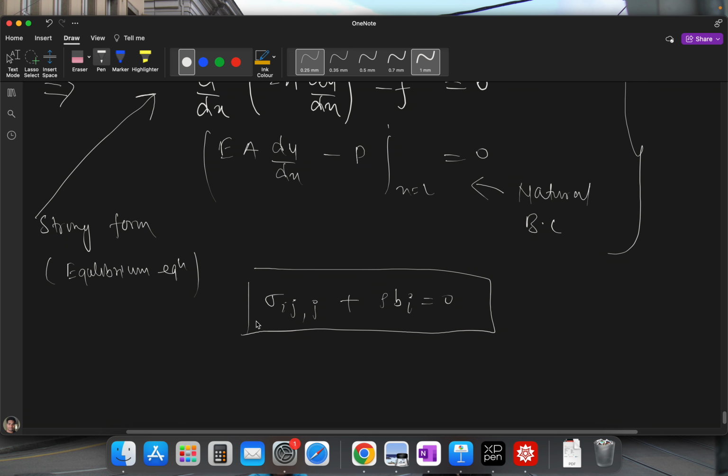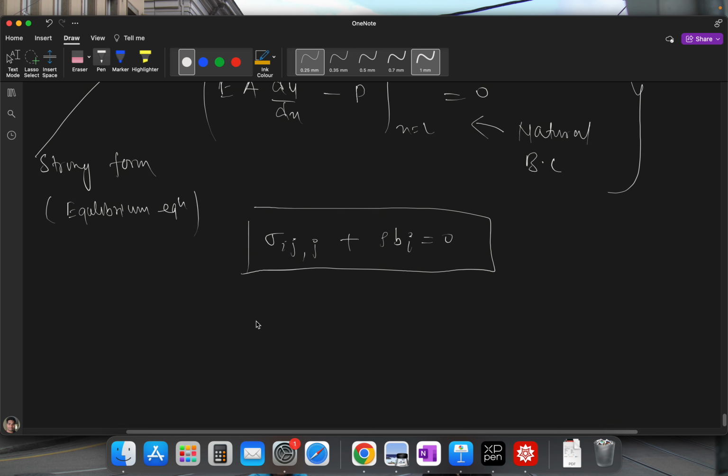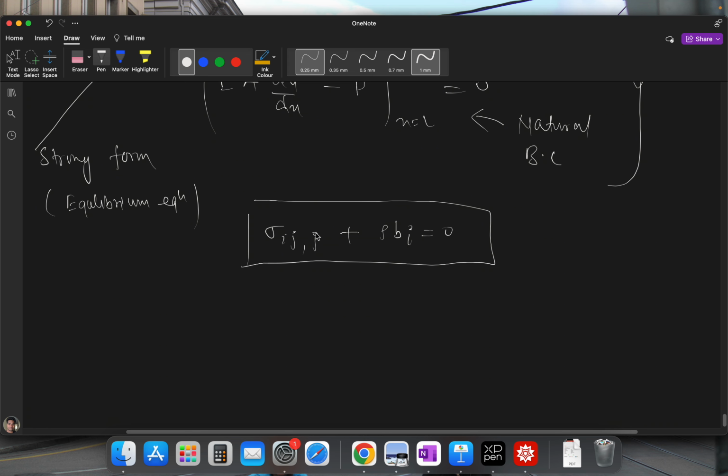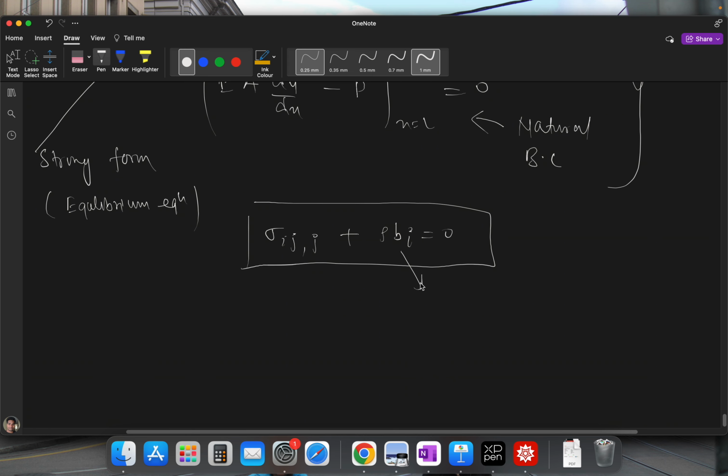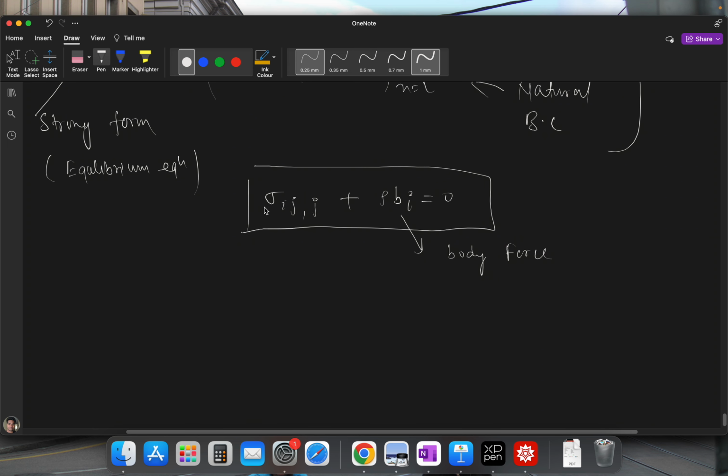What are the variables in this? Here, ij, you can see that if a comma is representing, it means there is a contraction. Here B is a kind of body force. Bi is a body force, and sigma is the Cauchy stress.